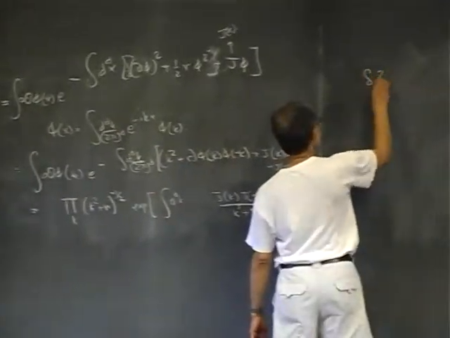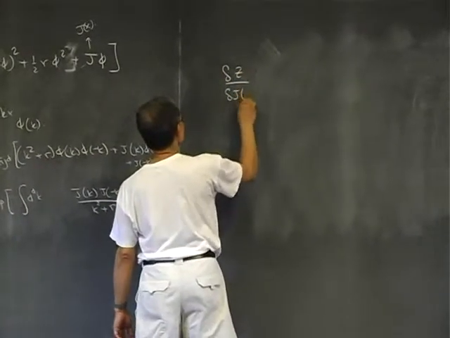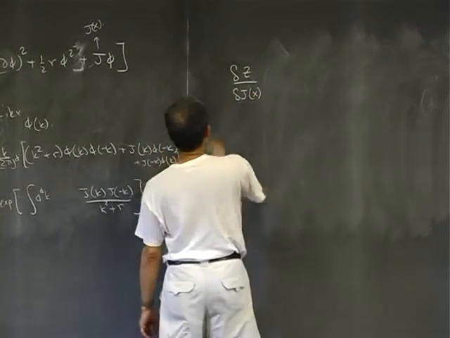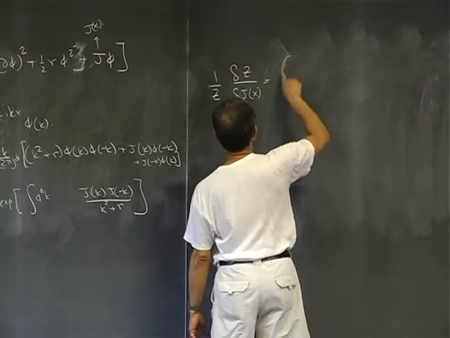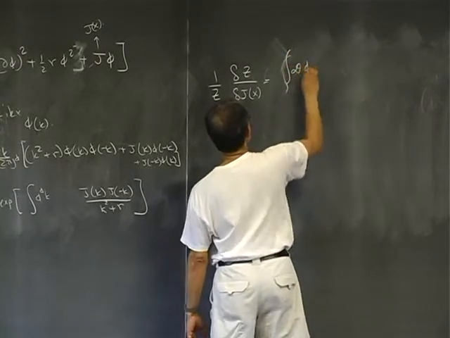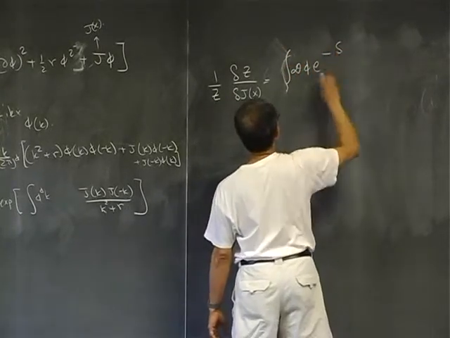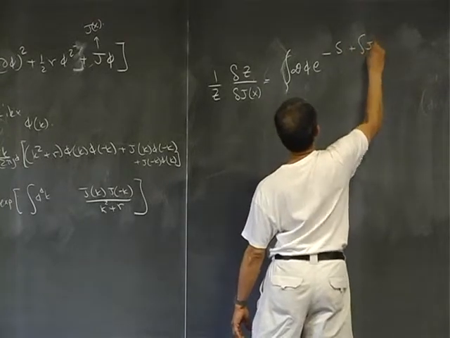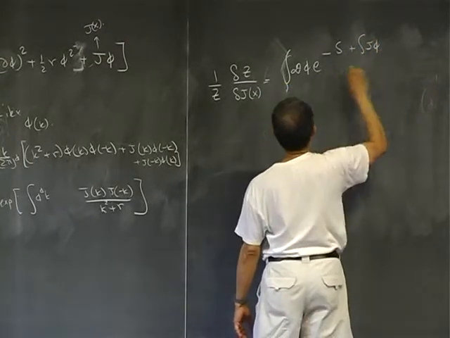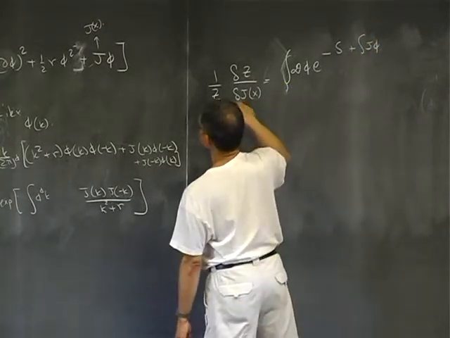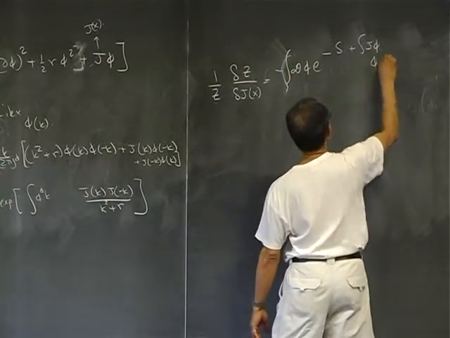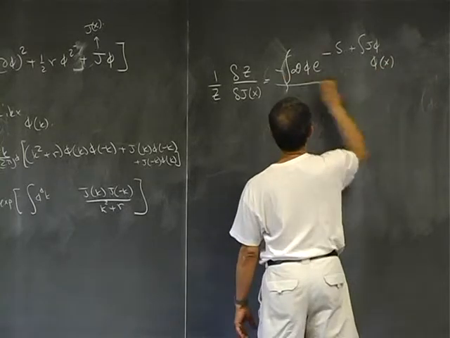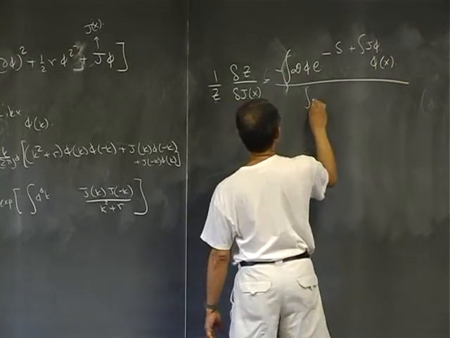So if I take it is clear, so this object is d phi e to the minus S plus integral j phi, as I just wrote, and then the derivative with respect to j brings down a minus sign and phi at some point x.